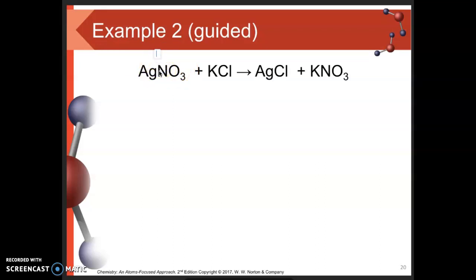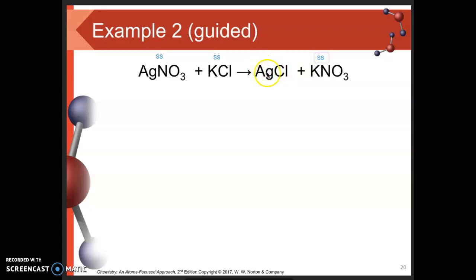That means that this is going to be a soluble salt. And recognizing that potassium salts are always soluble, this is going to be a soluble salt as well. And so when I have potassium and nitrate together in the same product over here, obviously that will be soluble as well. So the question really falls into, what do we do with the silver chloride?